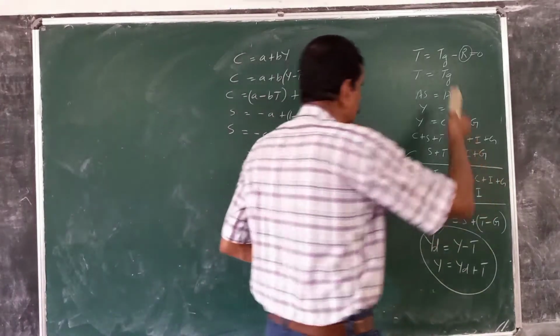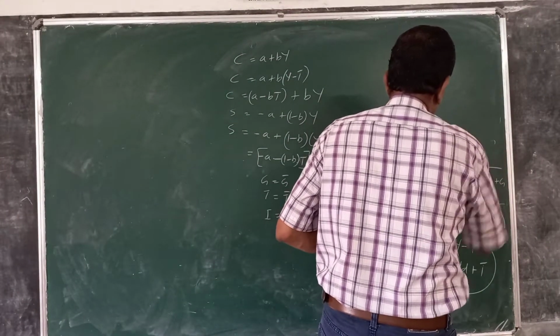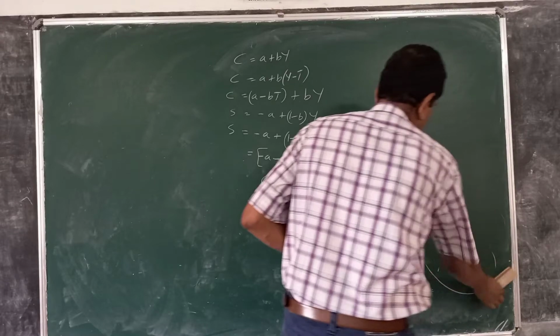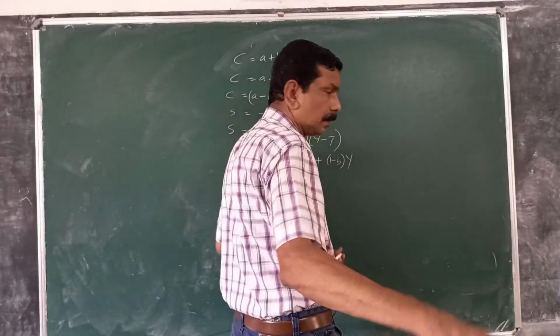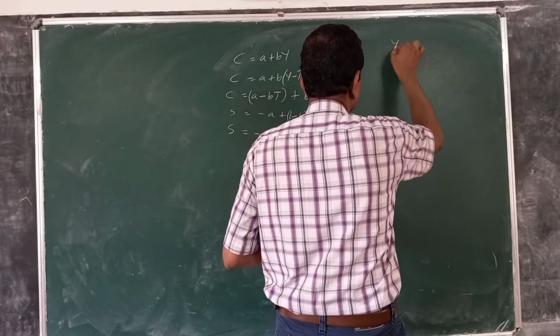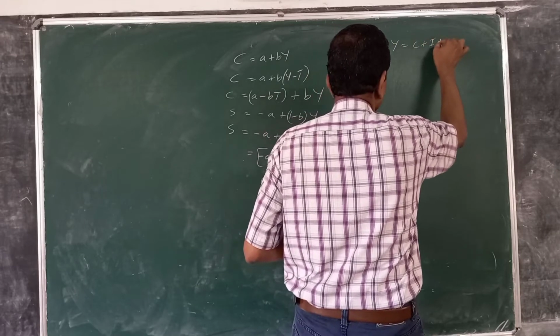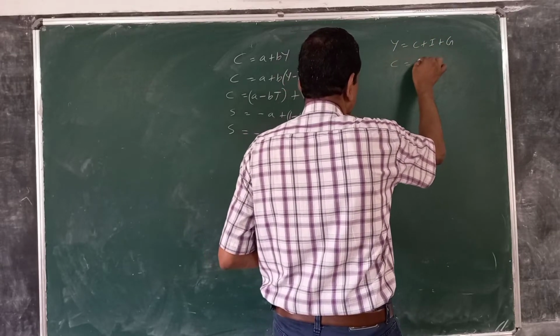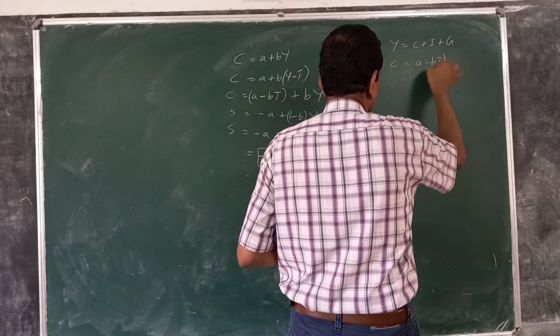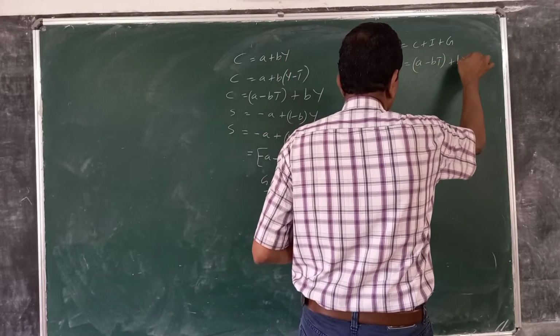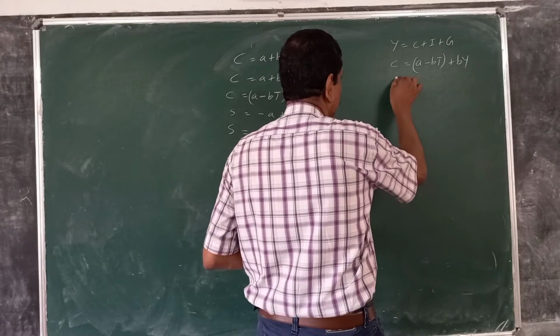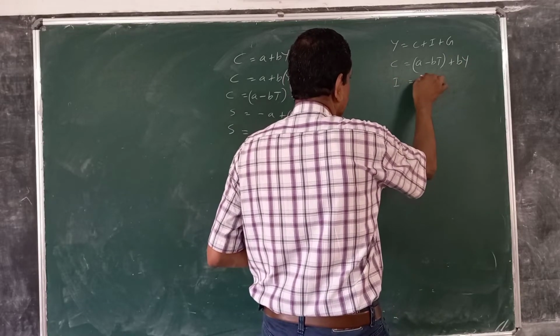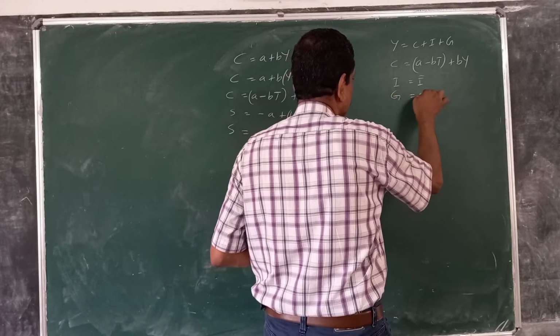Now the equilibrium condition for the three-sector economy is written as Y is equal to C plus I plus G, where C is equal to A minus BT plus BY, I is equal to I bar, G is equal to G bar.